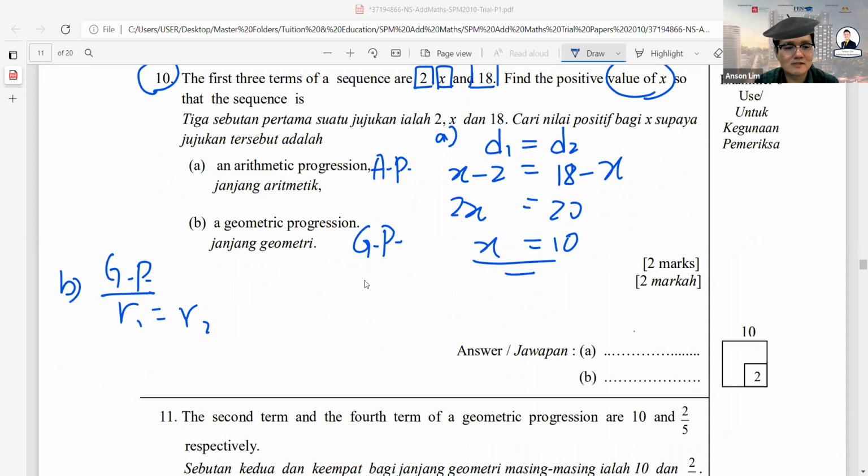Okay, ratio means L1 equals L2, right? So this is how you do it. In other words, you can cross multiply to solve for x.